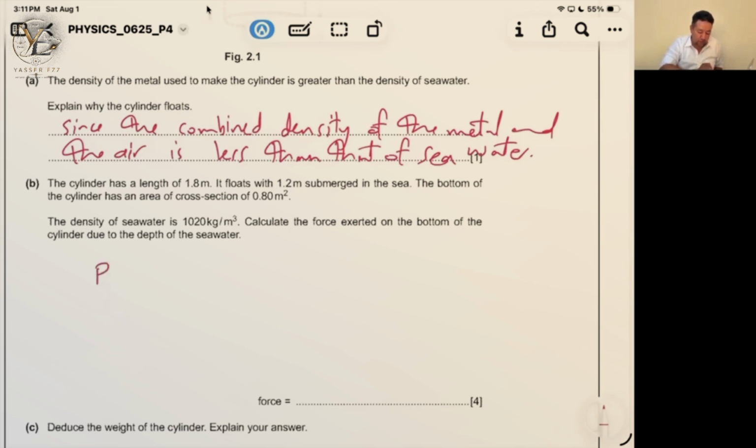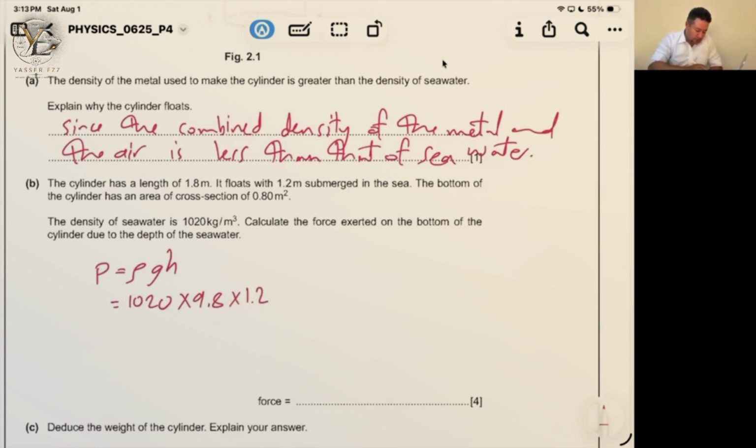Now we are going to the pressure at a point inside the liquid. P equals rho g h. What is the depth here? The density is 1020. g is 9.8, as we agreed. The depth here is 1.2.